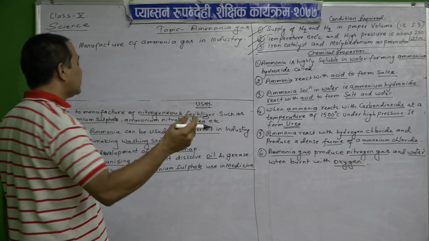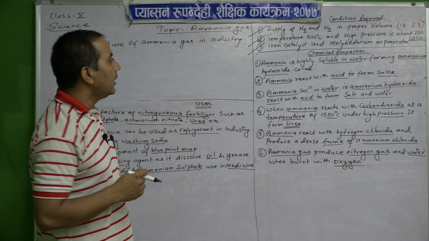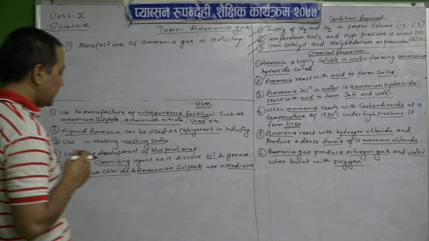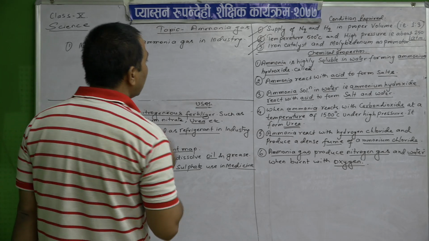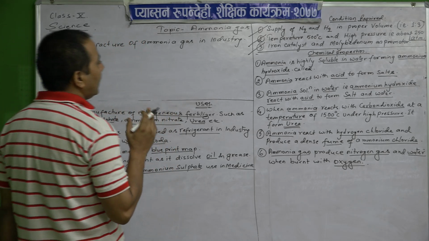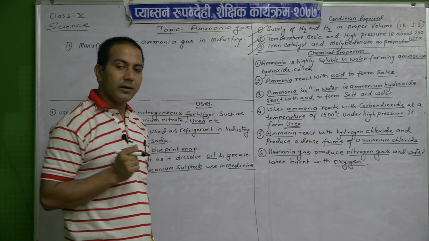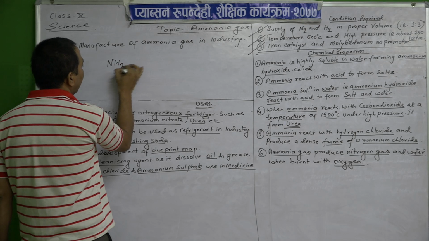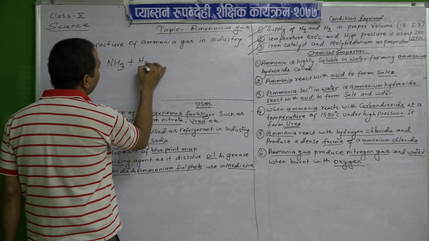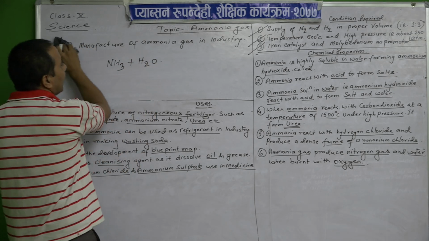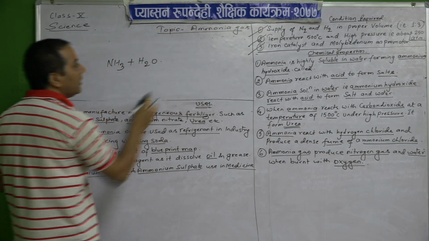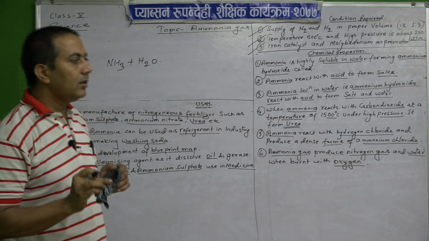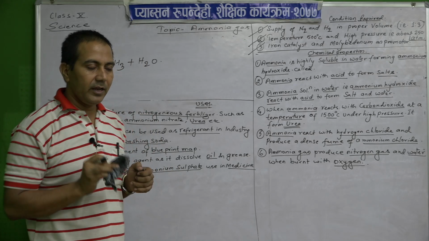Now comes the next topic, that is the chemical properties. Ammonia, NH3, is highly soluble in water. That's why in the preparation of ammonia, what have we done? We have done downward displacement of air, isn't it?